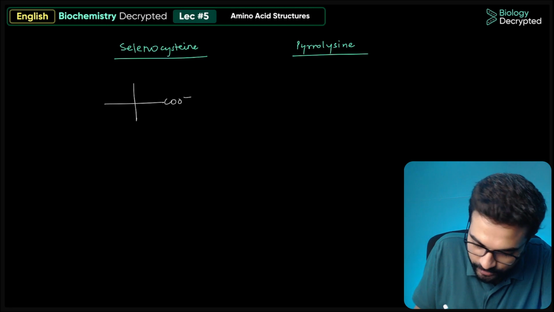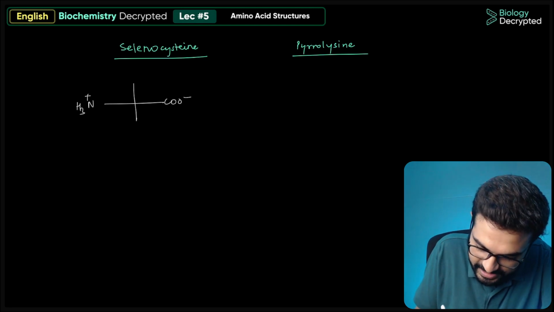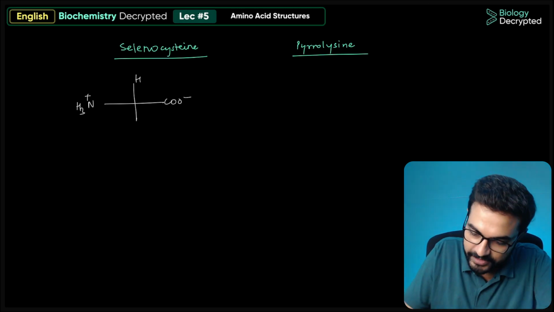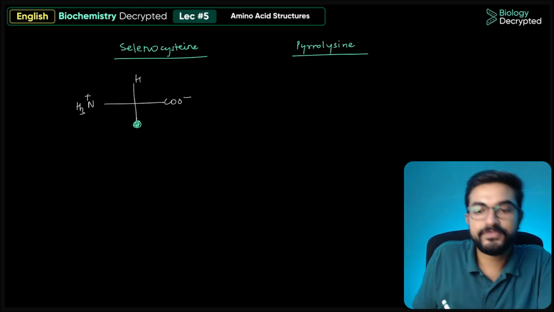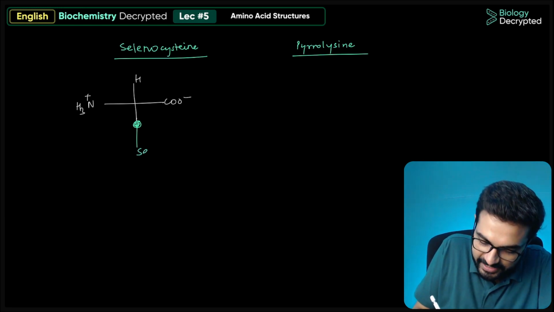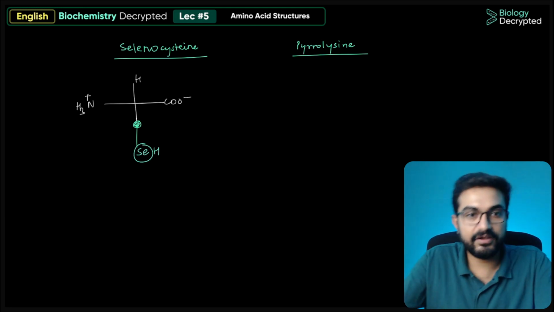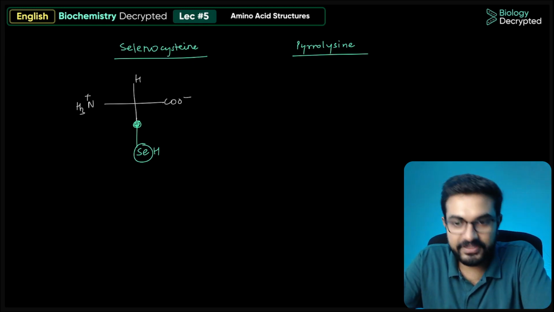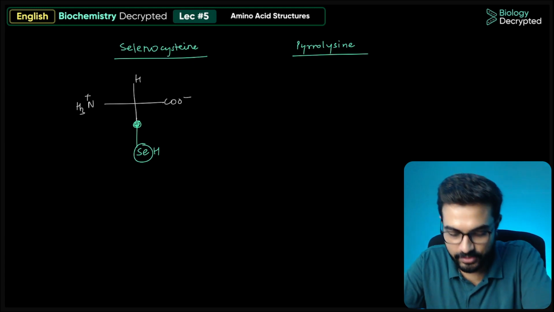Here we'll have CO minus, here we'll have NH3 plus, here we'll have H. Now here we'll have a CH2 group, and here, just like serine, we'll have selenium. We won't have just SH like cysteine had. Here we have selenium and hydrogen. So this is called selenocysteine.